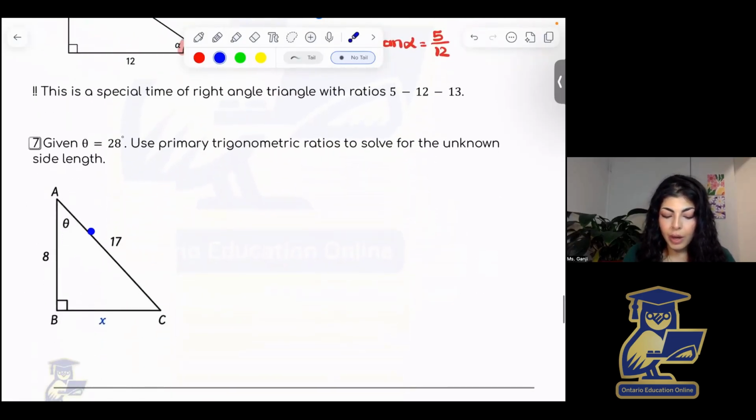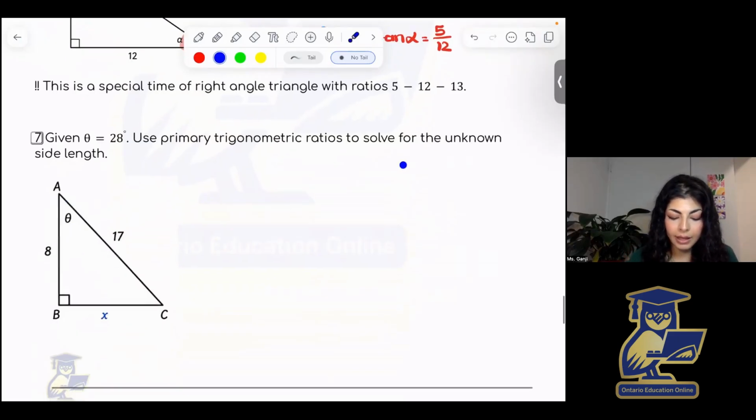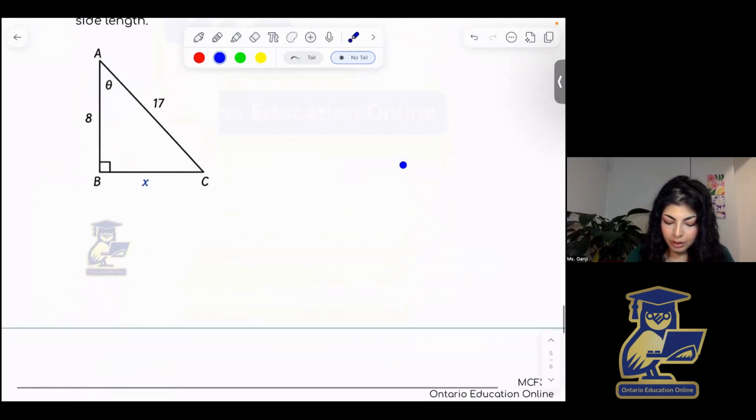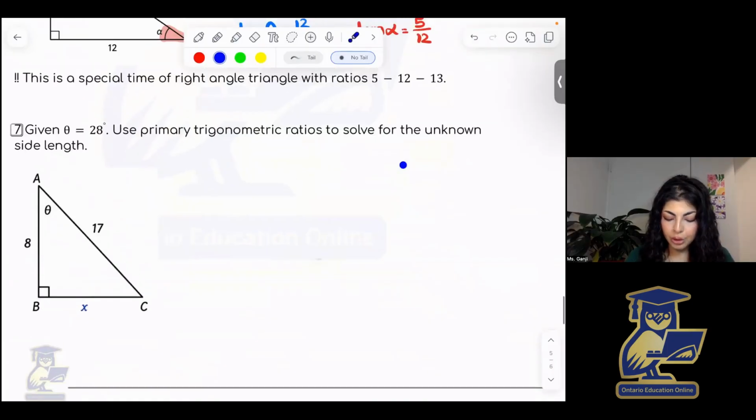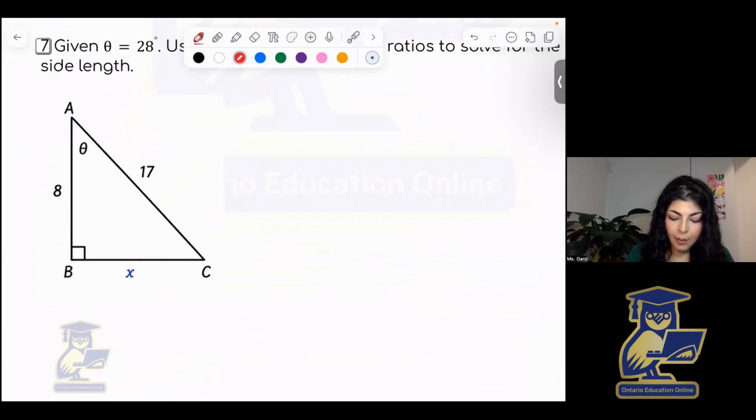Now, in this next one, we are told the angle here is 28, and we want to use trigonometric ratios to solve for the unknown side length. So I will show you maybe two different ways. First, I can see that with respect to this angle, which is 28 degrees, side length x is opposite.